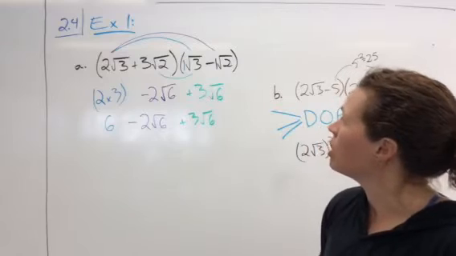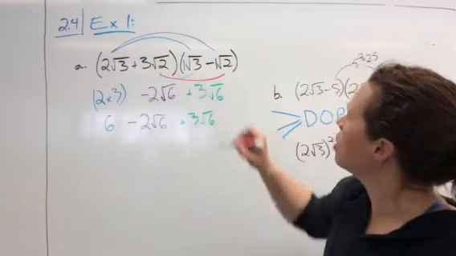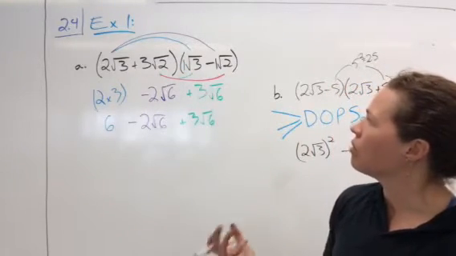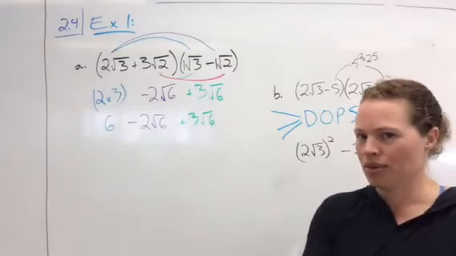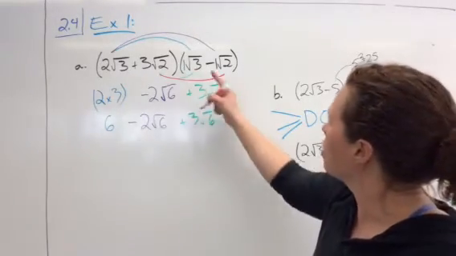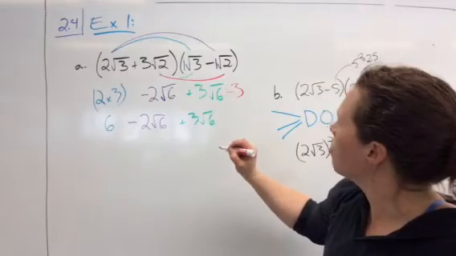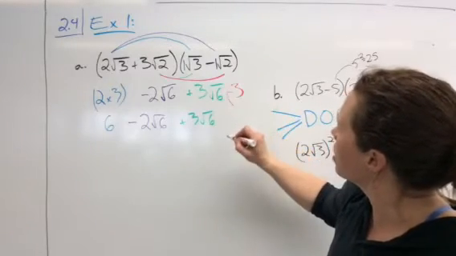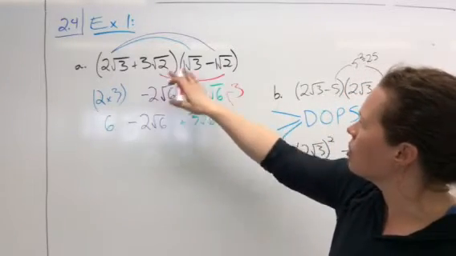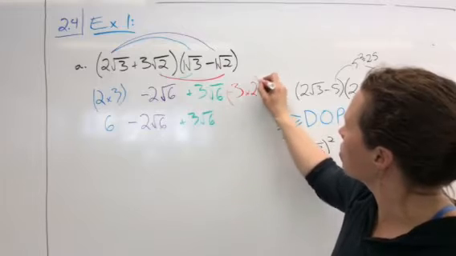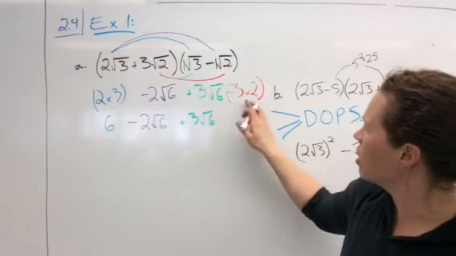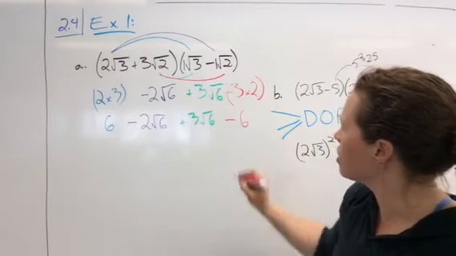So for the final one, I've got 3 root 2 times negative 1 root 2. The roots match. So I'm going to go negative 3, but it's actually going to be root 2 times root 2 is 2, which means that negative 3 times 2 gives me a negative 6 down here.